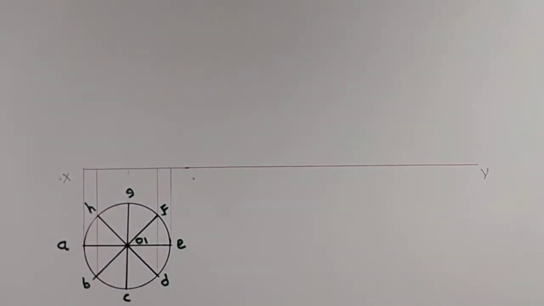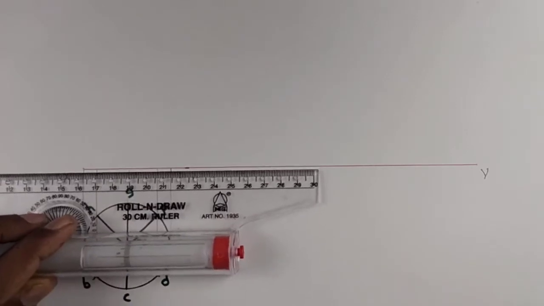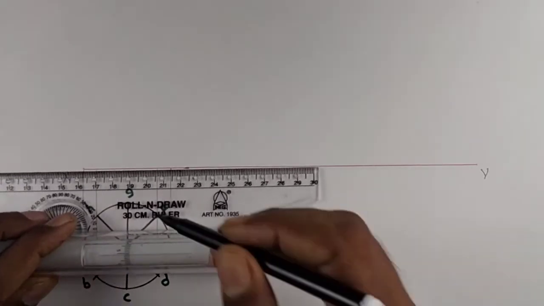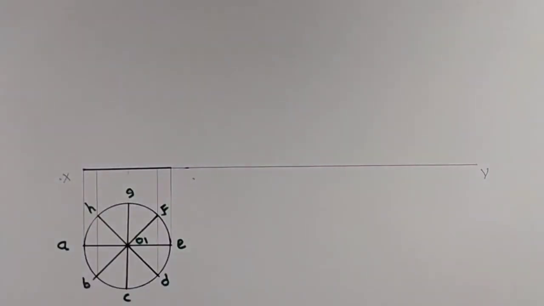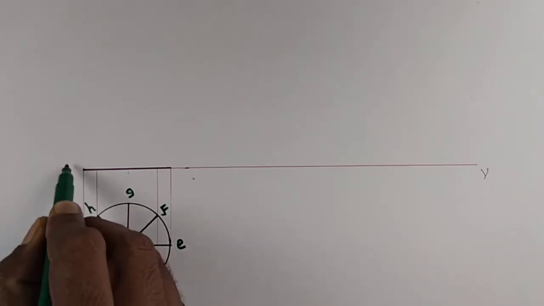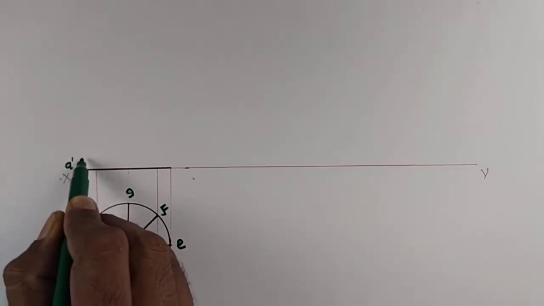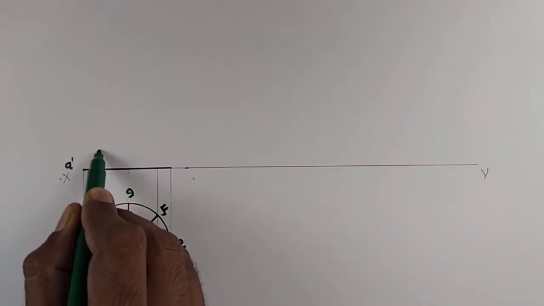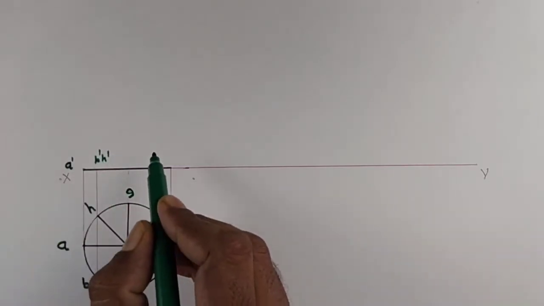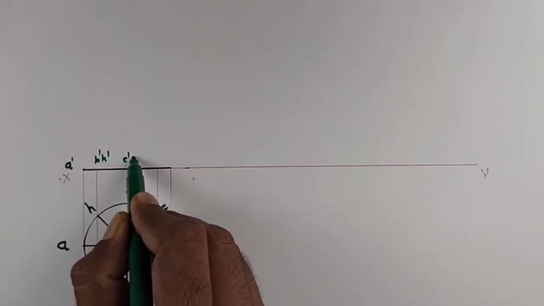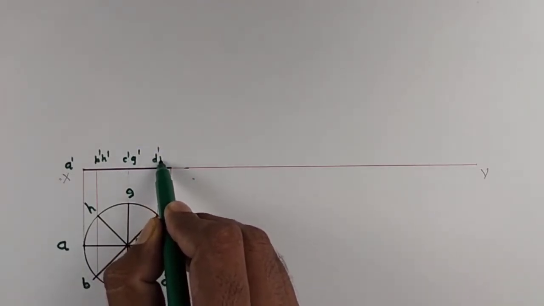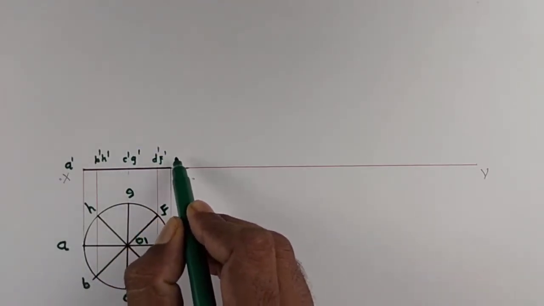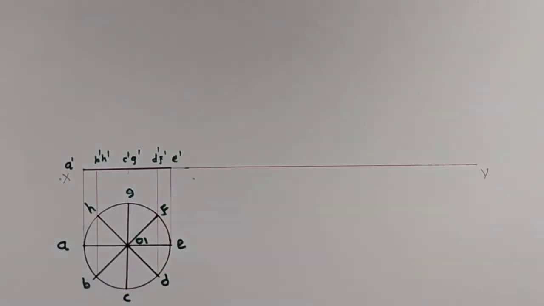The base on HP means we create our elevation of the base on XY with points A dash, B dash, H dash, C dash, G dash, D dash, F dash, E dash.